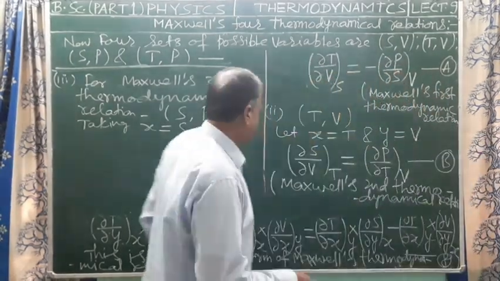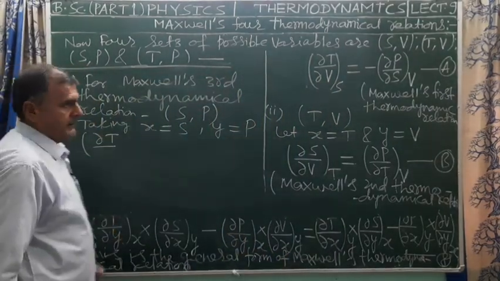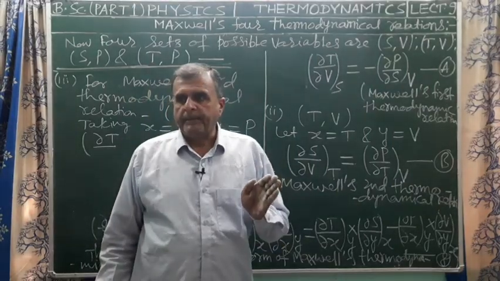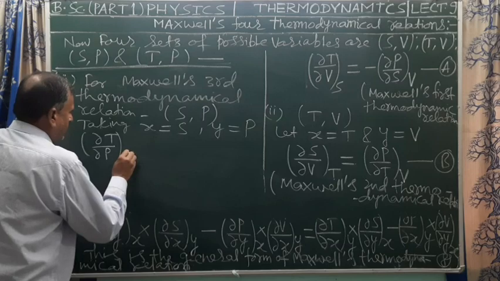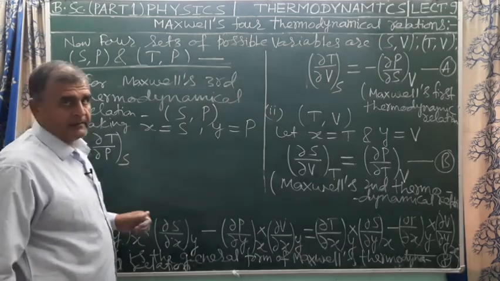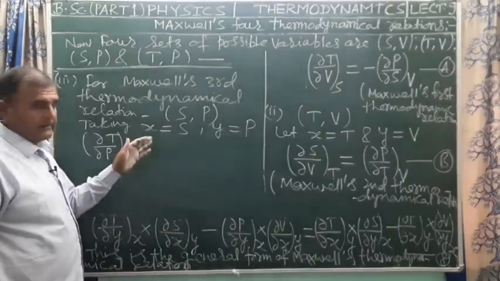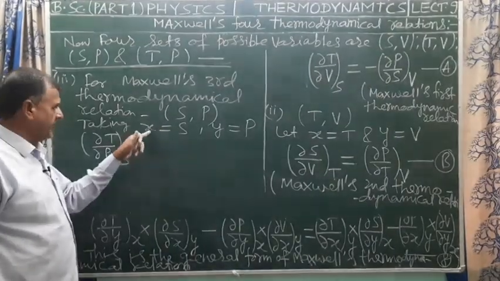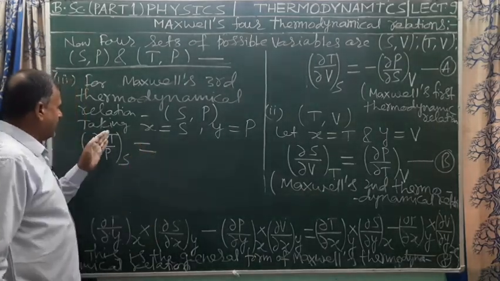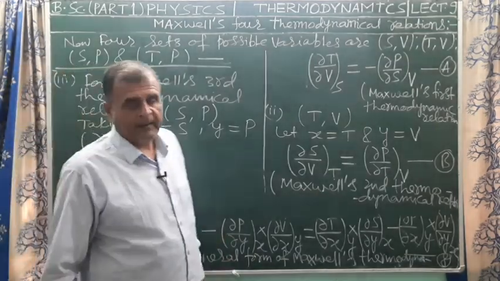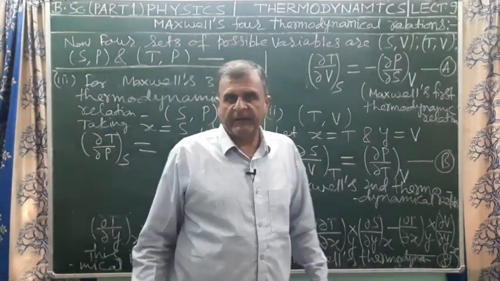On the LHS, entropy remains constant because we have taken x equal to S, so in place of x we can write constant entropy: del T upon del P at constant entropy S equals del V upon del S at constant pressure P.